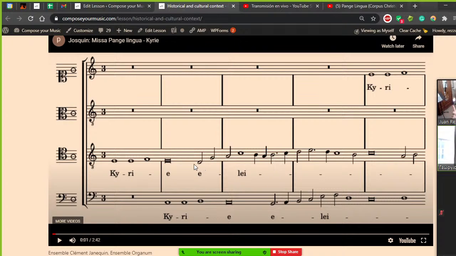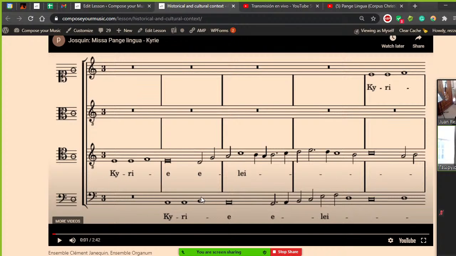Yes, we have a fourth and then a third, but then the rest is by steps until the climactic note, which is the highest note, the E one octave above, and then the cadence. And then you have long values, then shorter, and so all these criteria are very elaborated.